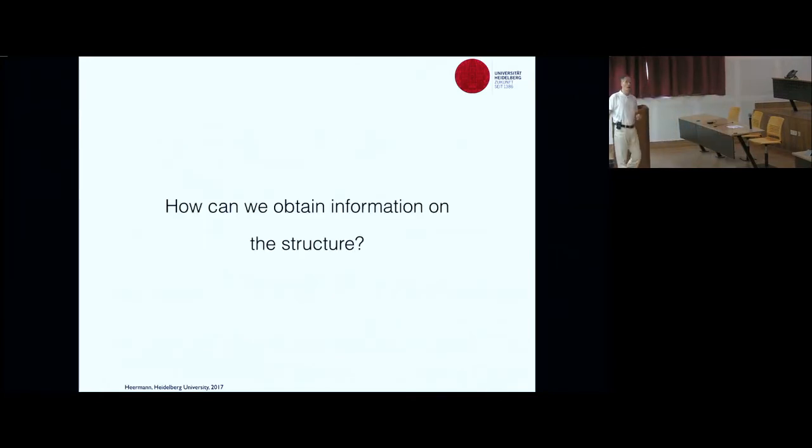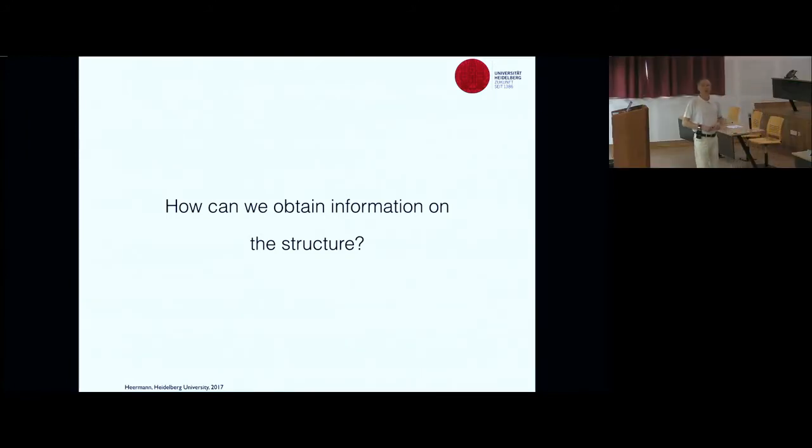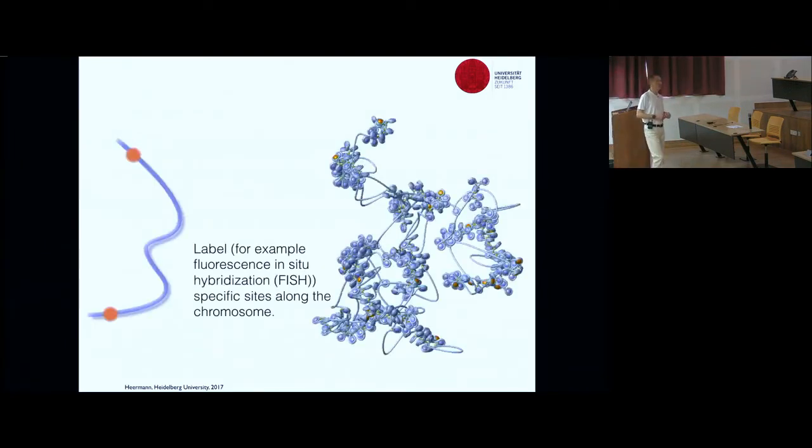So the question is, when we talk about structure, of course, the first question is how do you obtain information about structure? If I tell you I want to understand the structure of chromosomes, then how do you measure structure? Well, this here is a view of what your DNA or your chromatin looks like.